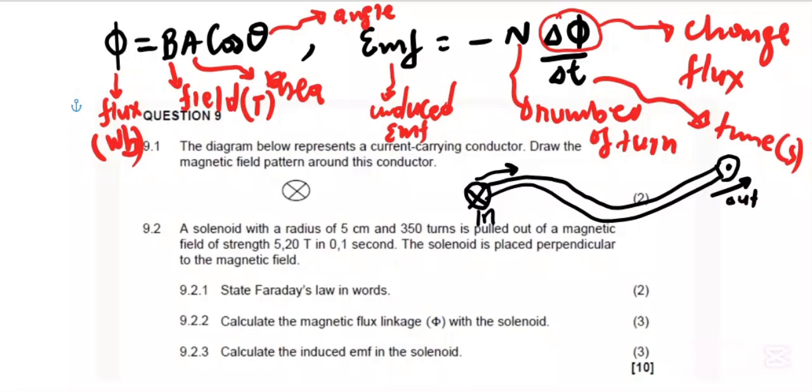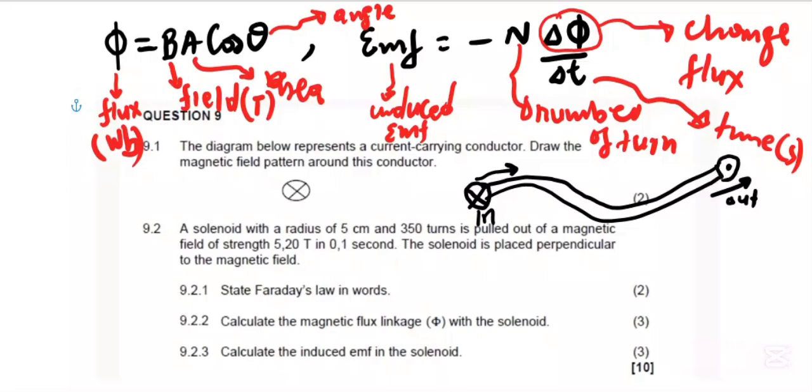If we were using the right hand rule, the thumb points into the page at the x, and points out of the page at the dot.